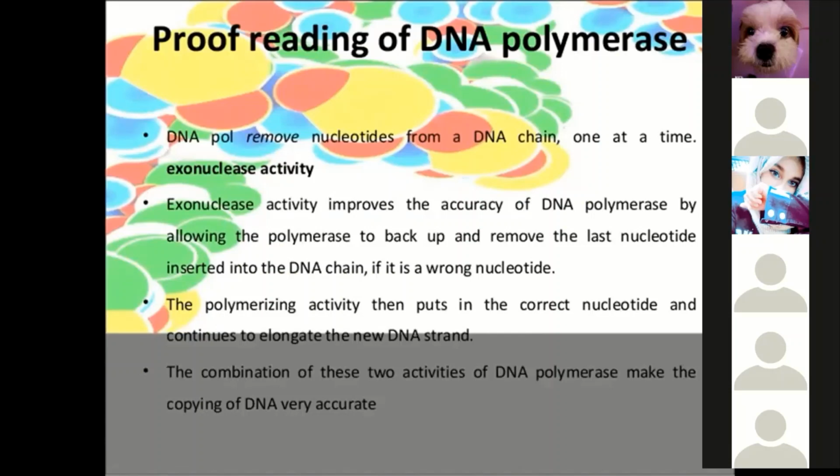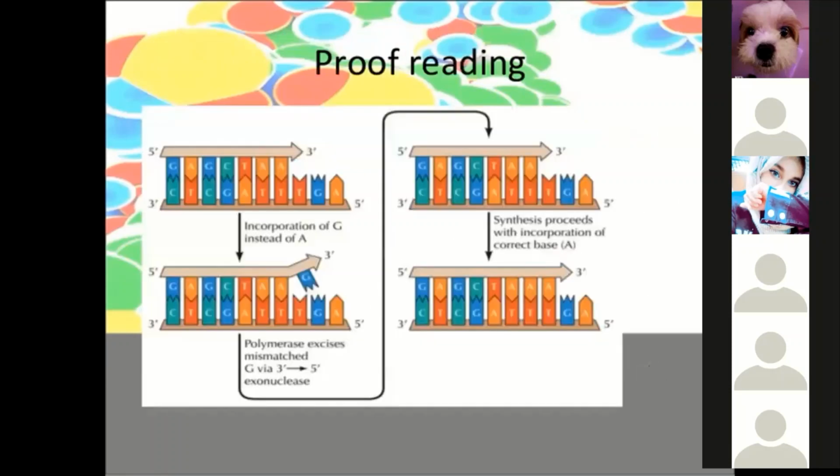The polymerization activity then puts in the correct nucleotide, and elongation of the chain continues. The combination of these two activities of DNA polymerase makes the copying of DNA very accurate.